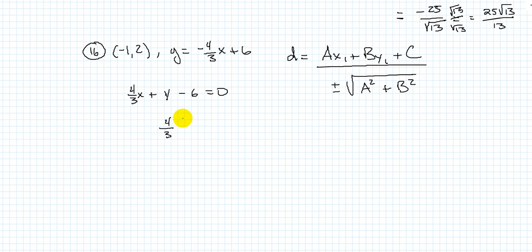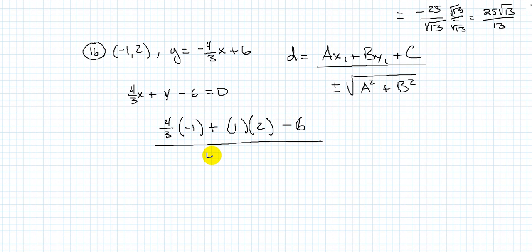So 4/3 times -1 plus 1 times 2. So 4/3 and 1 come from A and B, and -1 and 2 is from the point. Minus 6 all over 4/3 squared plus 1 squared, and you got to take the square root of that. And so go ahead and pause there and see if you guys can figure it out.